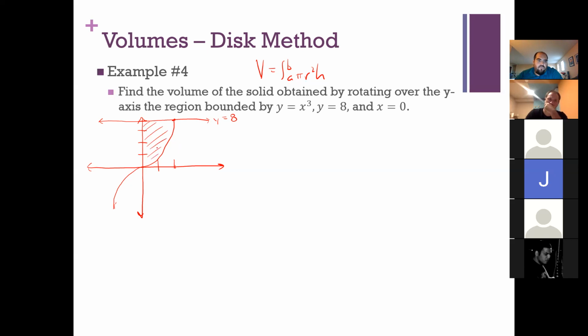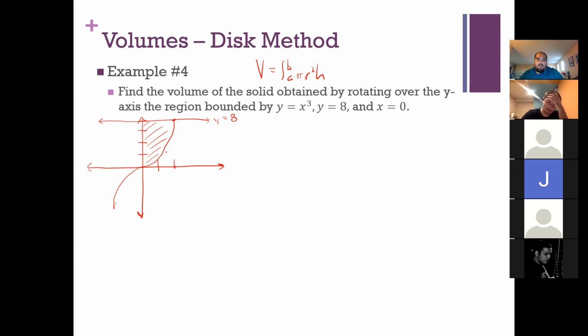All right, so hopefully your sketch looks something like mine. So y equals x cubed is this curve. y equals 8 is a horizontal line. x equals 0 is the y-axis. Now I want to revolve this region around the y-axis. So what does that mean for me?